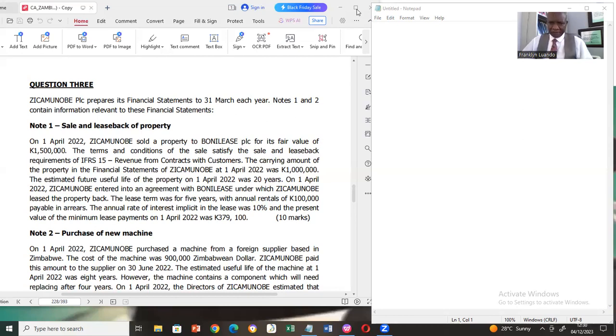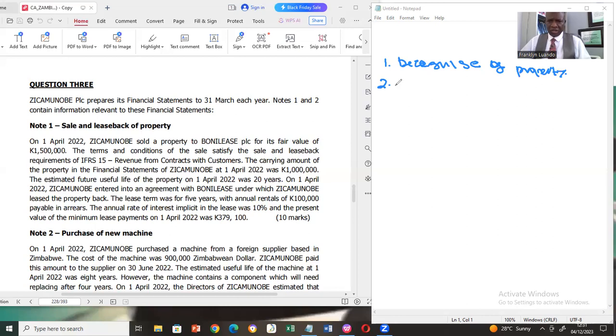So now, when the sale has taken place, the following should be done. One, derecognize the asset. That simply means remove the property from the books because it is sold.